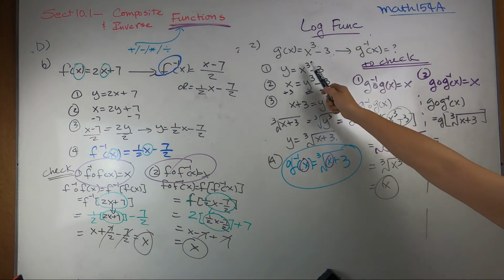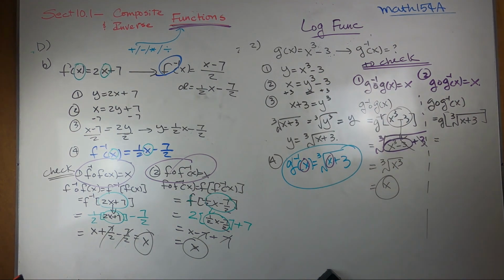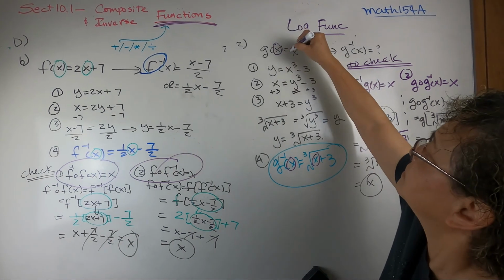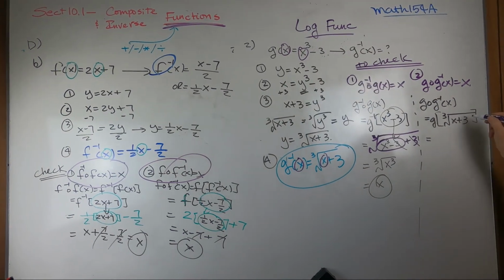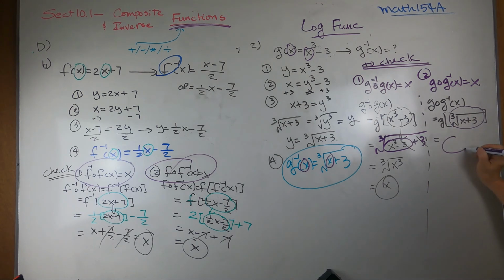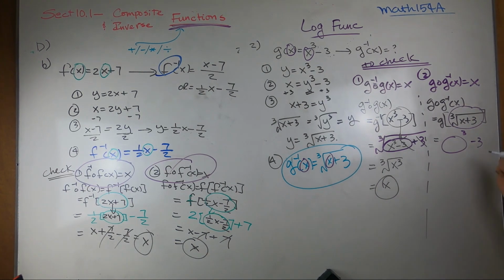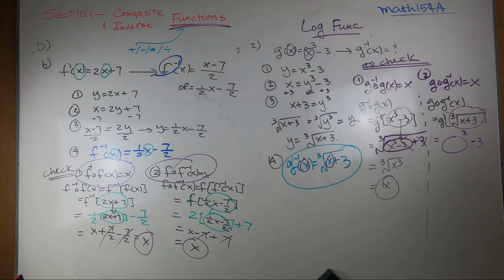G says, whatever you give to me, I will cube it and minus 3. So whatever is there, that's the thing given, then cube it and minus 3. So this one cubed will be x plus 3 minus 3, then cancel out. So you get back where you started. That's how you prove it.